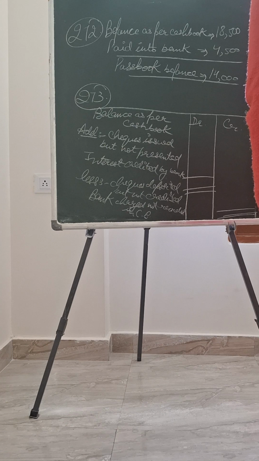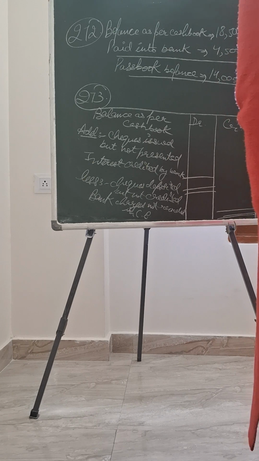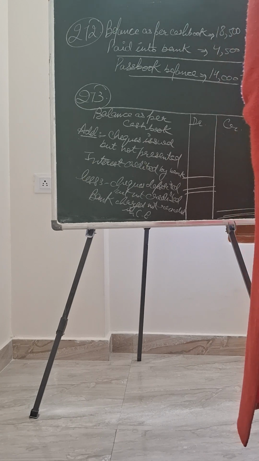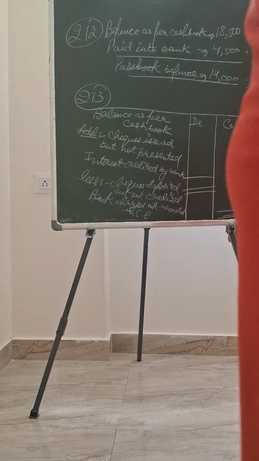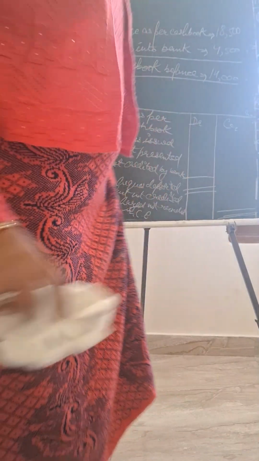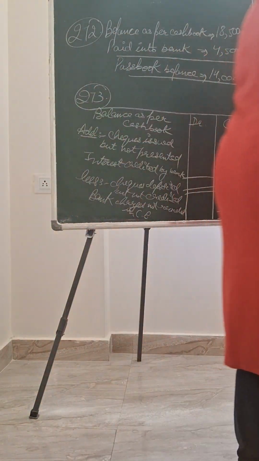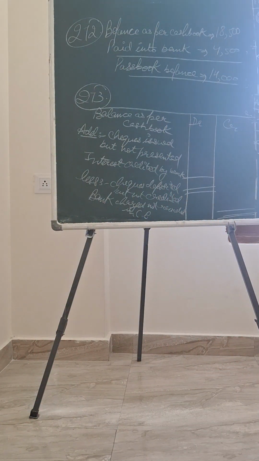Overdraft balance as per passbook. So overdraft bank balance as shown by cash book is 6,000. Check was deposited 10,400. Just go through these. These are both important and a bit technical questions.